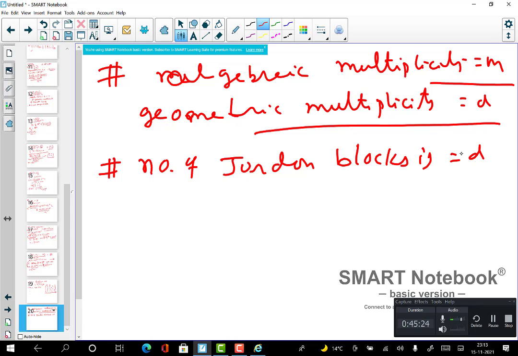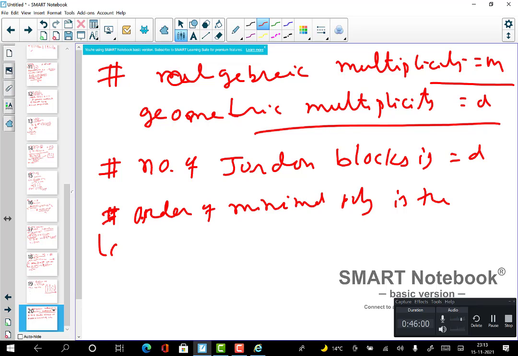The question is, what is the biggest Jordan block? I understand this many Jordan blocks will be there, but what is the largest size of a Jordan block? That comes from the minimal polynomial I already mentioned. So we check the power of the minimal polynomial: the order of the minimal polynomial gives the largest Jordan block.